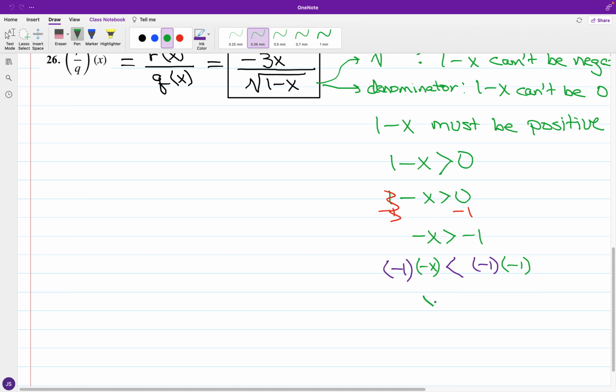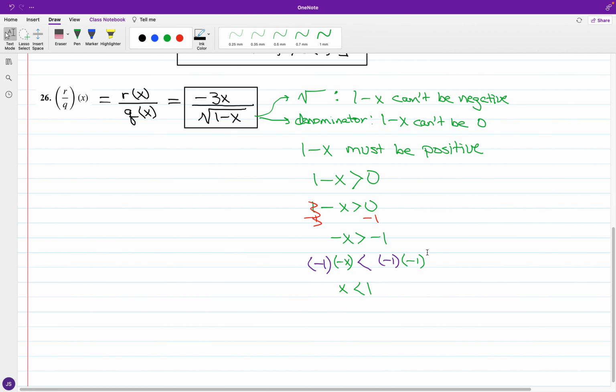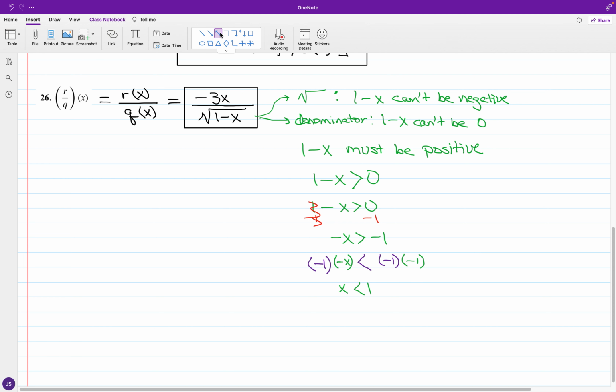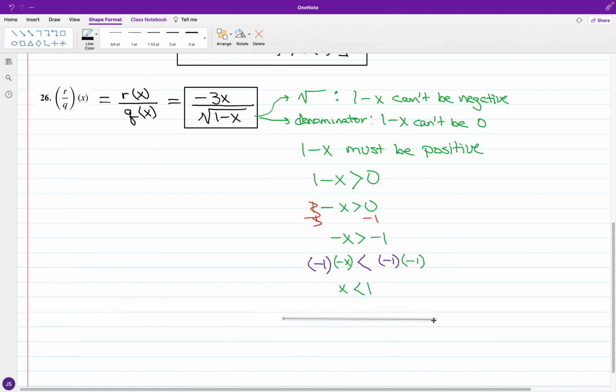And so in this case, we have x is less than 1, and this is going to be the lone restriction.